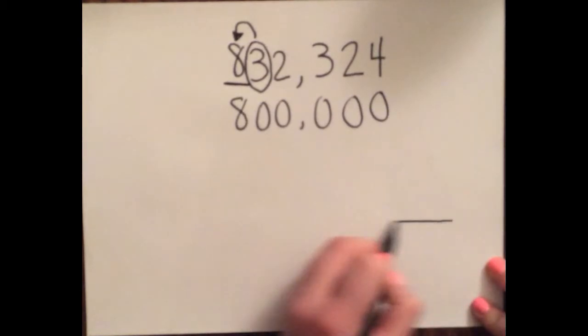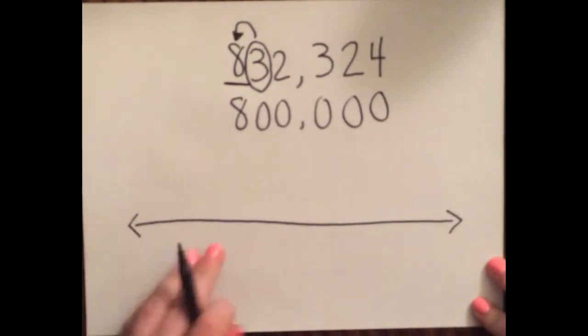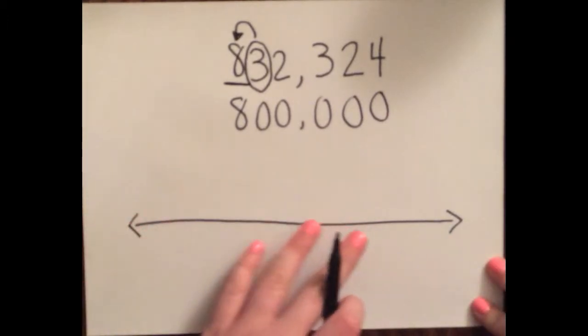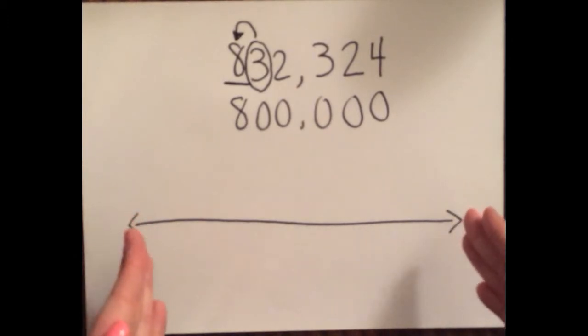Go ahead and draw your number line. Remember, when we draw these arrows, it's continuous. So it could go all the way to negative 189, or it could go all the way into the millions. But right now we're only looking at a segment of that line.